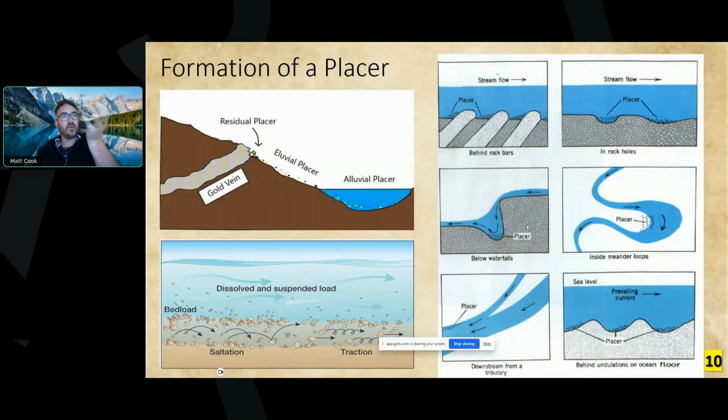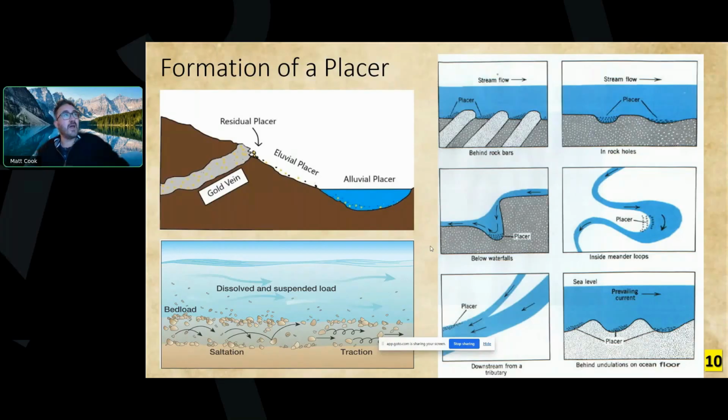Generally, the gold is found in places where there is a sudden drop in velocity. That could be behind rock bars, on the inside of meanders, below waterfalls, or where two rivers meet. Those are the key places you would be looking to find gold.